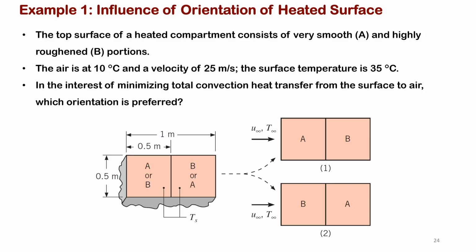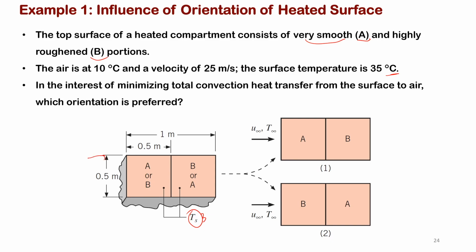Let's take a look at this example here. So in this example, we have a plate that is made from two different components. Component A is very smooth and component B is rough. The surface temperature is given to be 35 for both surfaces.